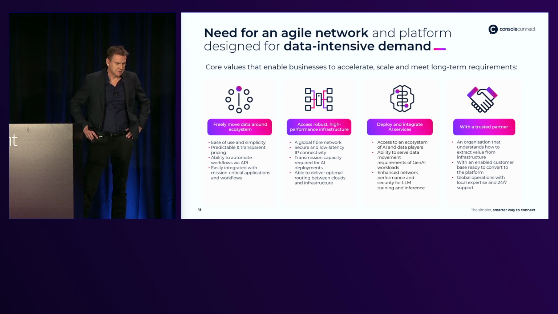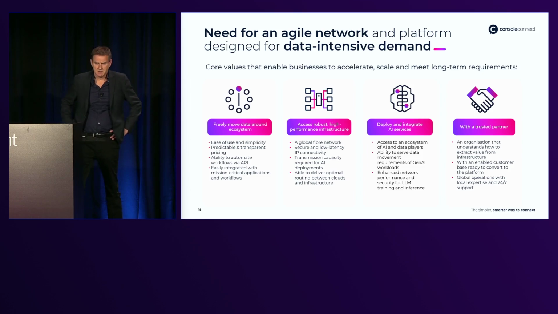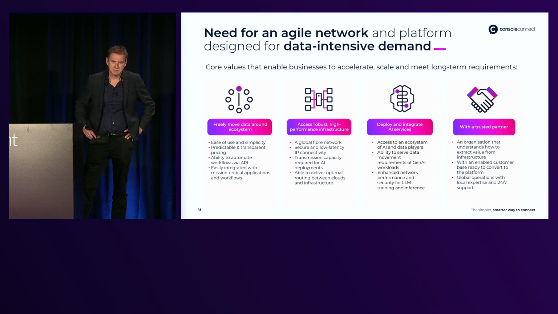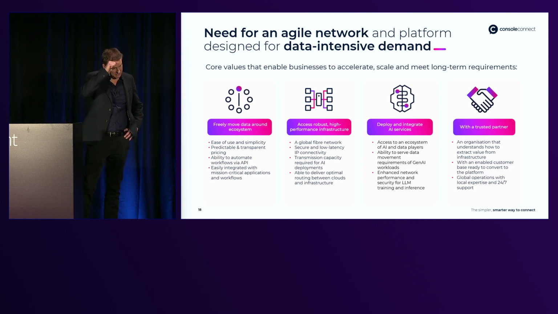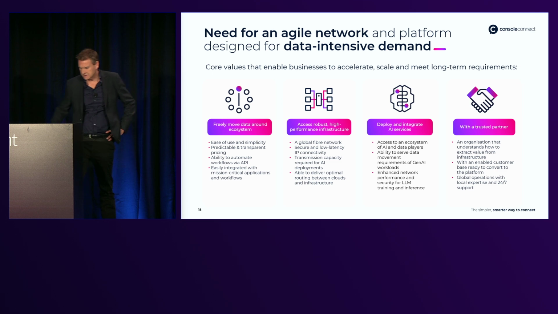We deploy and integrate services, as I said. We're API driven, so everything that you can do on the platform, you can do through an API. And we're AI ready. So we've got the ability to scale, the ability to automate, and we've got the ability to connect these AI environments that exist today.